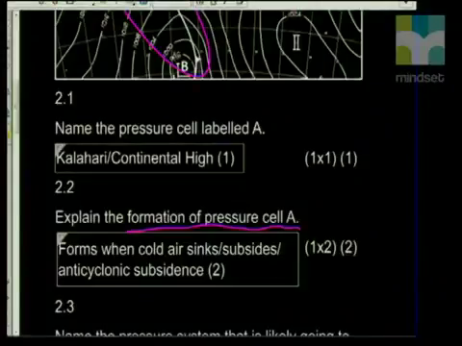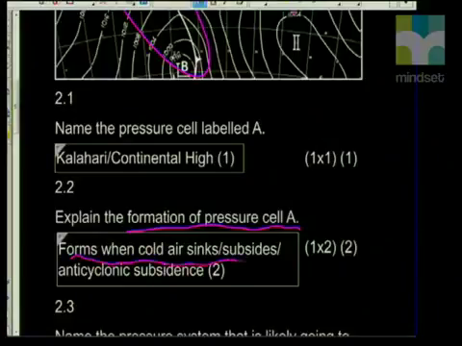I'm going to go a bit faster over these explanations so it gives me more time to do the analytical questions. As we know already, it forms when cold air sinks and subsides, creating an anticyclonic circulation. So it's sinking, the pressure is accumulating, and it's forming a high pressure system.